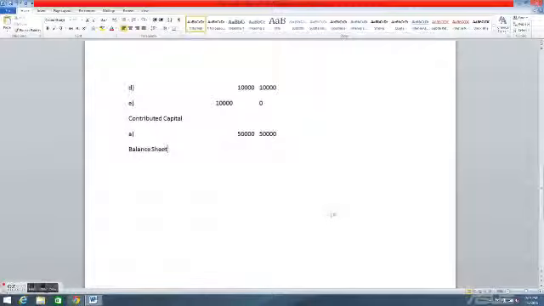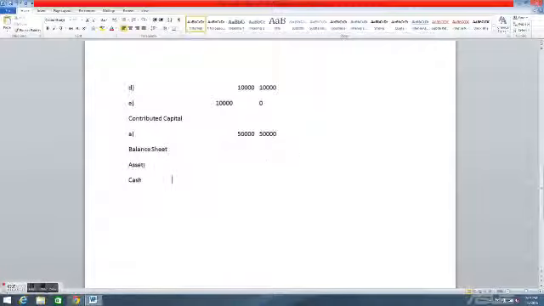So on the balance sheet, you always put your asset accounts first, and then you follow them with your liability accounts, and then your owner's equity accounts. I will prepare it for the end of the period, which means I'll be using the ending balance for each account in the ledgers.